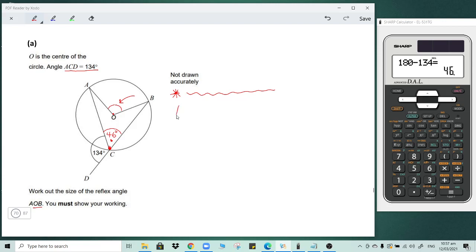So that means angle AOB is equal to angle ACB, that's the 46, multiplied by 2. So all we need to do now is take the 46, multiply it by the 2. So how much is 46 multiplied by 2? And we get 92 degrees.